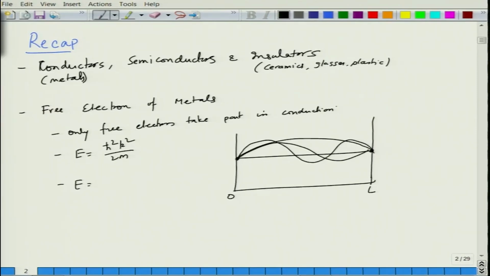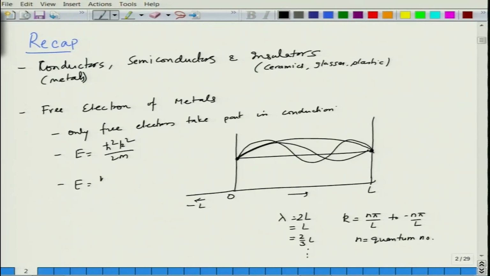Depending upon these considerations, lambda could be equal to 2L, lambda could be equal to L, lambda could be equal to 2 by 3 L, and so on. You can relate this to k, and we say that k could be equal to n pi divided by L, because it is not only for 0 to L, it could also be for 0 to minus L. So k can range from n pi divided by L to minus n pi divided by L, where n is the quantum number.